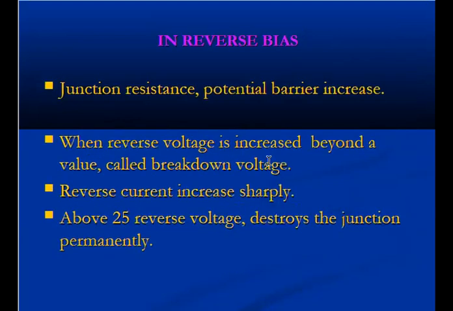And coming to the reverse bias junction, the junction resistance potential barrier increases when reverse voltage is increased beyond a value called breakdown voltage, and reverse current increases sharply above it. Reverse voltage destroys the junction permanently. So this is about the forward bias and reverse bias conditions.